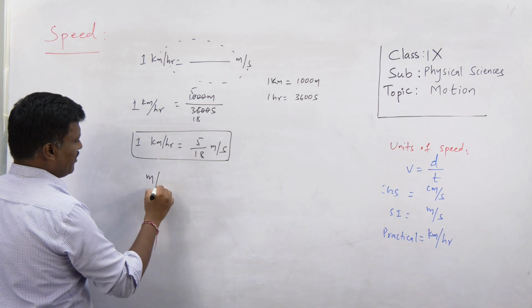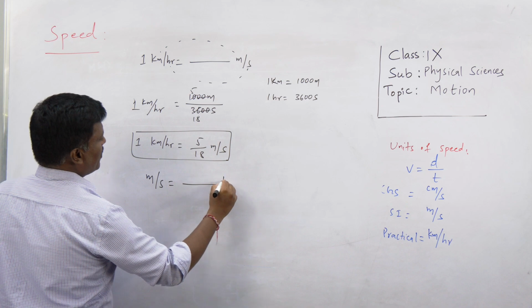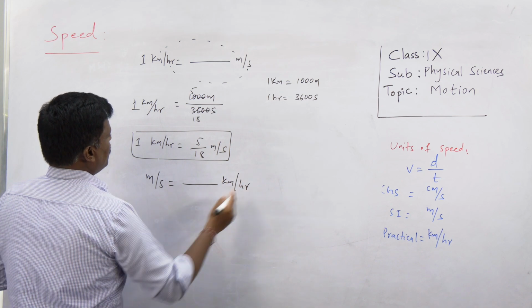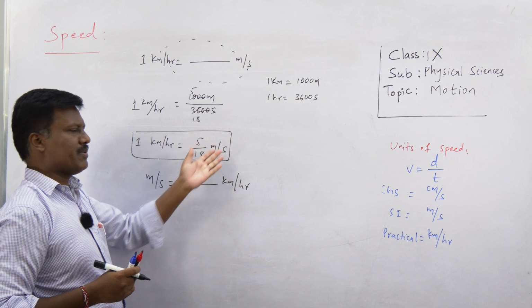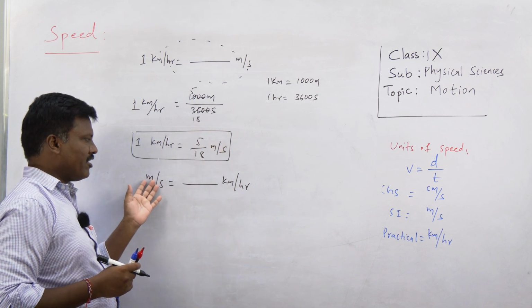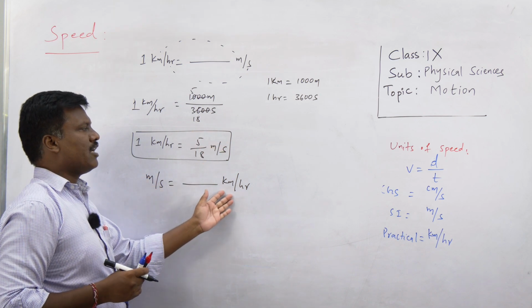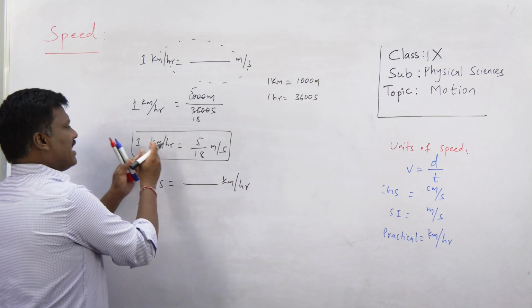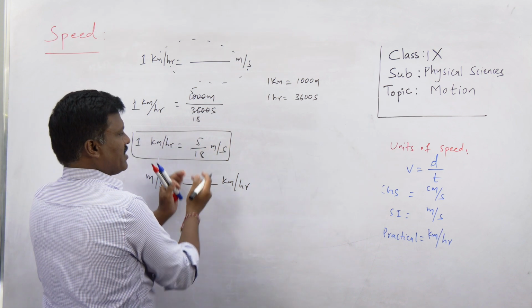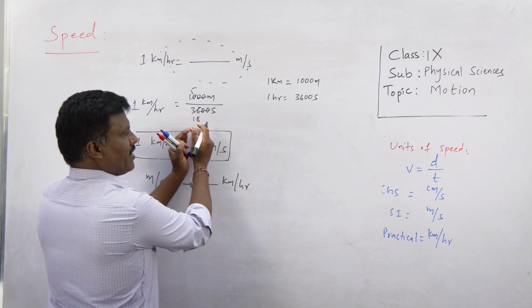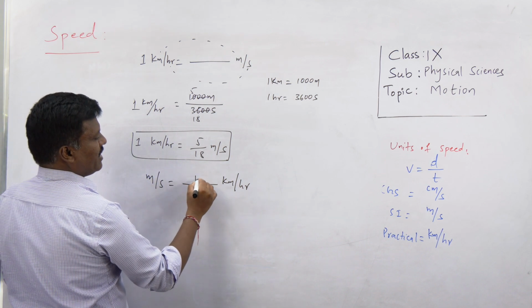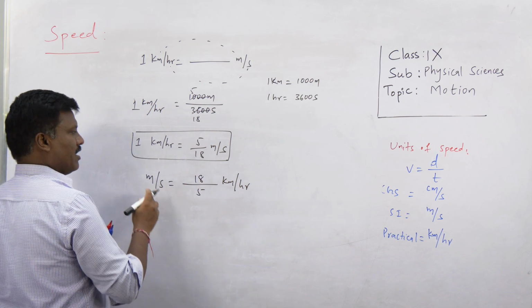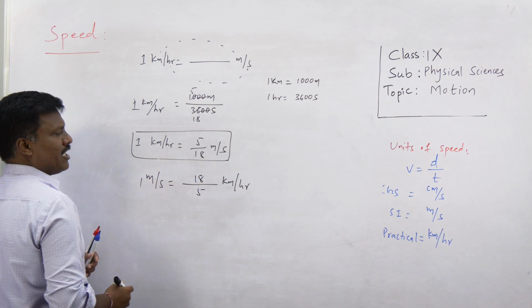Sometimes we may convert meter per second into kilometer per hour also. Sometimes it is required. Previously, we converted kilometer per hour into meter per second. Now we have to convert meter per second into kilometer per hour. Simple idea. 1 kilometer per hour is equal to 5 by 18 meter per second. If you bring this 5 by 18 from RHS to LHS, it becomes the reciprocal, 18 by 5. So 1 meter per second is equal to 18 by 5 kilometer per hour.